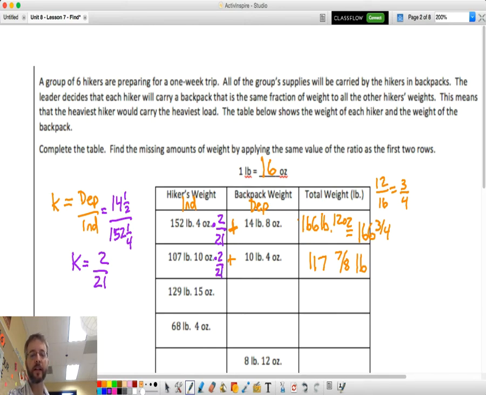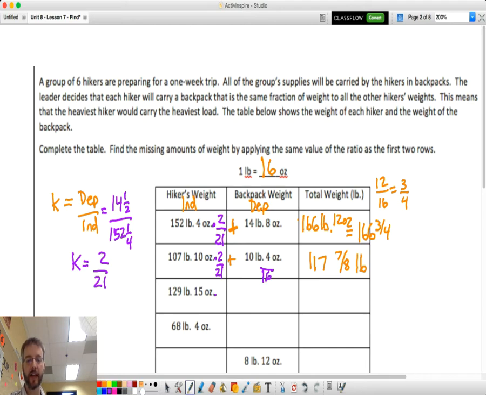So 107 and 10/16, or I can say 5/8, times 2/21. I find I get 10 1/4 pounds, since 4/16 is the same as 1/4. So we know that's the relationship.